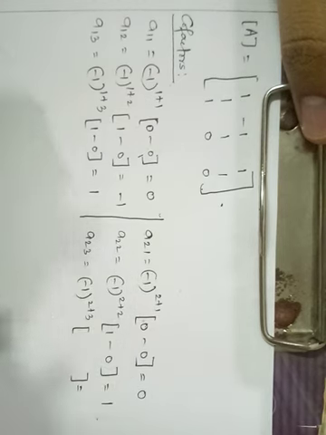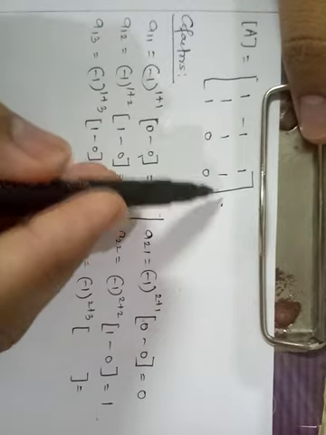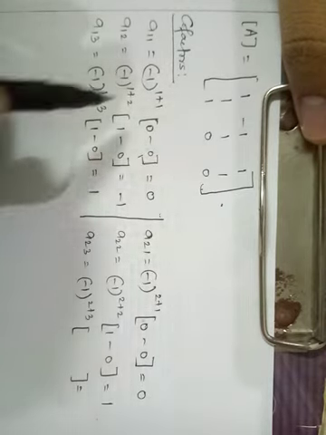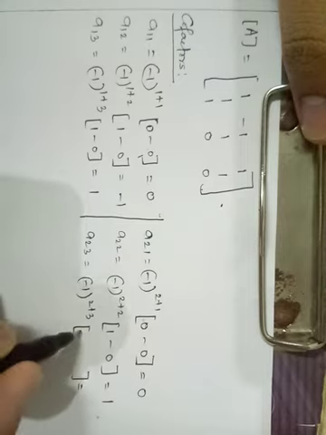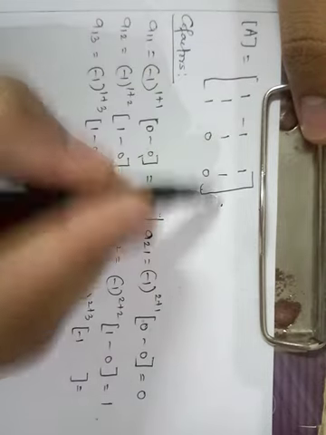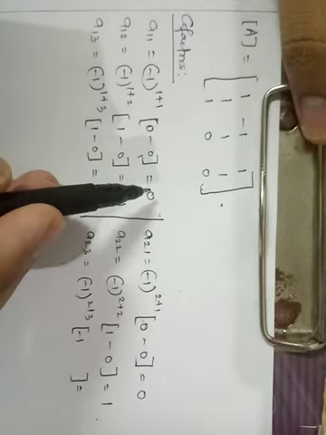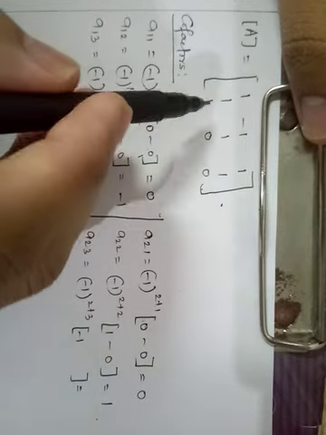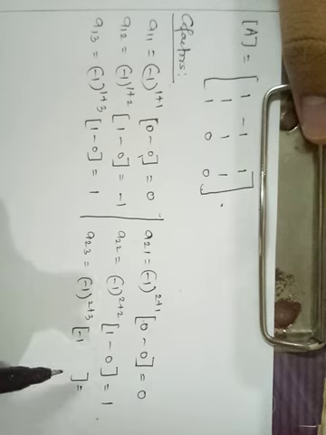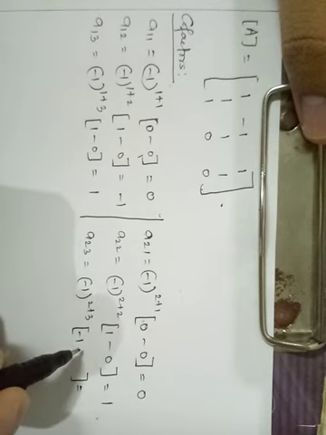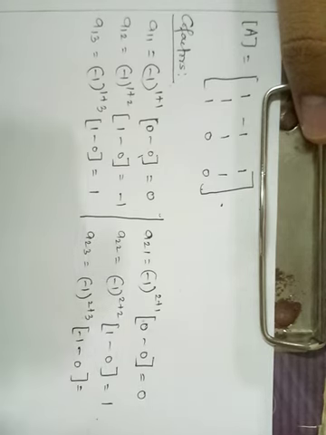So now I need to remove the second row and third column. So now it is 1 into minus 1 is minus 1, minus 0.